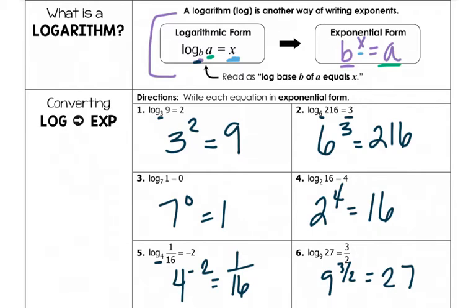Then you find your exponent. Remember, that's whatever your log function equals, or your log form, equals. So it's going to be to the -2 power. And then whatever comes after your equal sign in exponential form is still right here. It just happens to be a fraction. Same thing with number 6. Here your exponent just happens to be a fraction. It's completely fine. So you're just rearranging this log form to turn it into exponential form here.